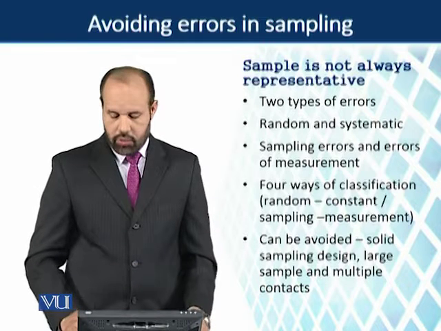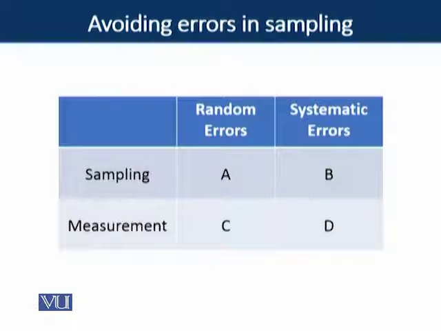So let me just give you some understanding of these errors. In this table, the center column shows random errors, okay, like A and B, and A and B are basically the errors which are related to sampling, right? So error A is the type of errors which are related to random errors, and error B are systematic errors.